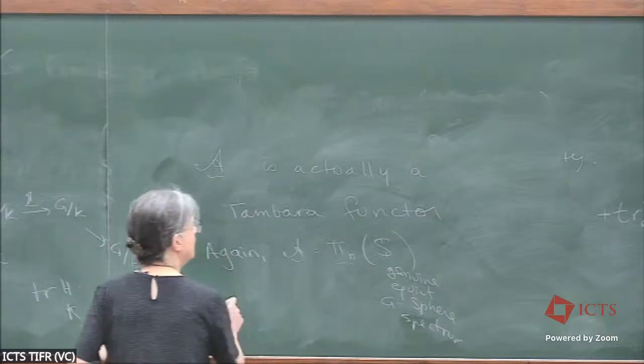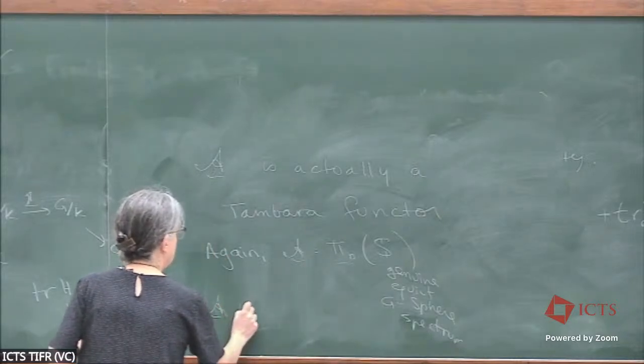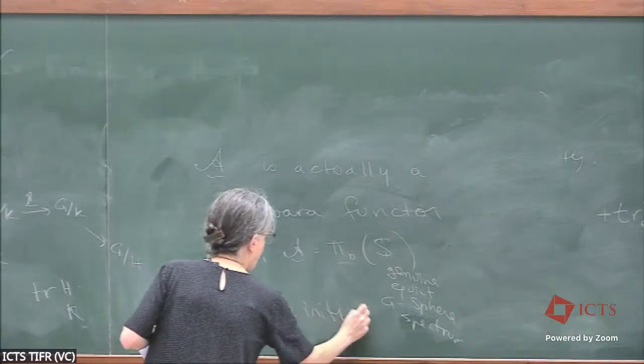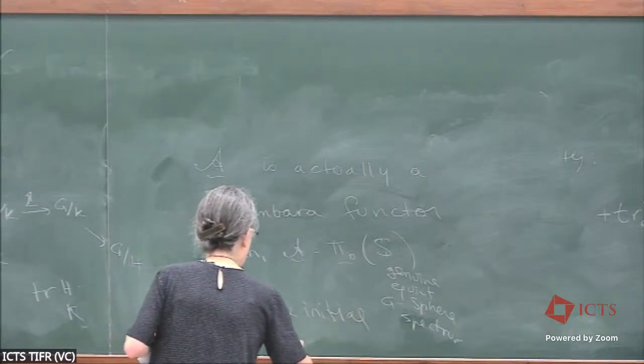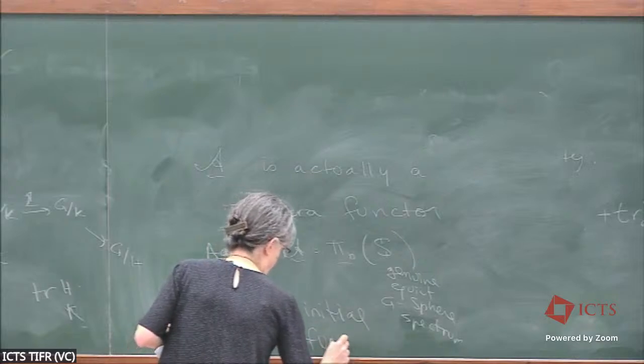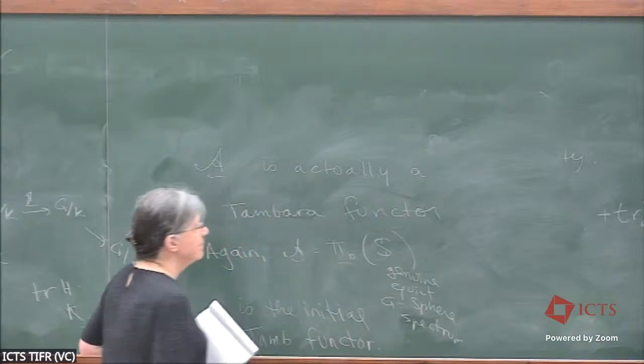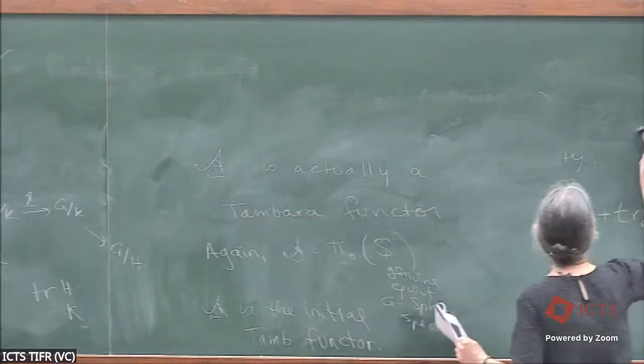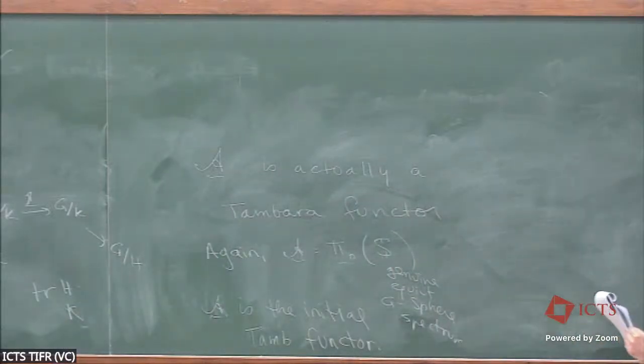And again, A is the initial Tambara functor. Okay, so now Tambara functors have been better specified, and I'm going to move on.